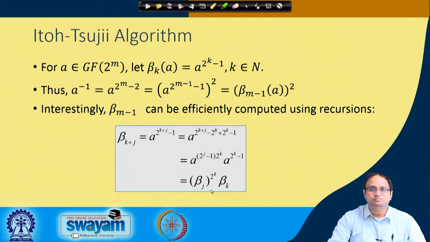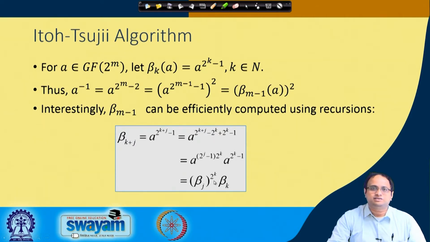So, I have been able to express beta k plus j in terms of smaller beta j and beta k values. Interestingly, you can also observe that I can decompose this in the other form, like I can also write this as beta k to the power of 2 to the power of j into beta j. Which one I choose may depend upon the fact that I would like to reduce the number of squarings required here, because here I am doing beta j to the power of 2 to the power of k.